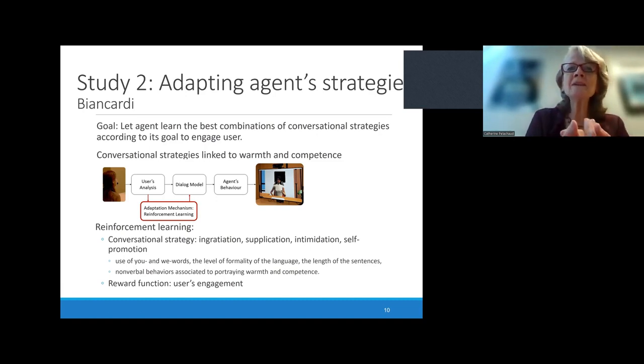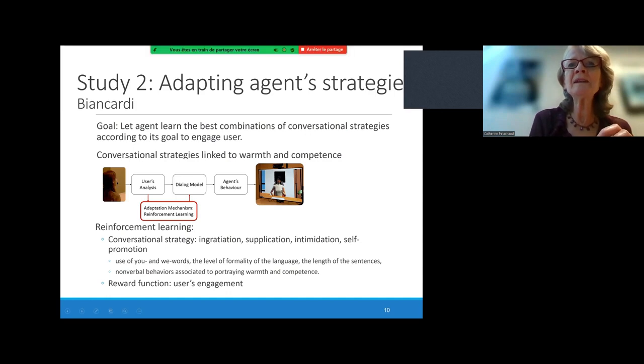And these conversational strategies are implemented verbally through the use of different types of pronouns, it could be you or we words, the level of formality, the length of the sentence, that means the quantity of details the agent will provide, as well as the nonverbal behaviors that are associated with portraying warmth and competence. And here, the reward function was users' engagement.